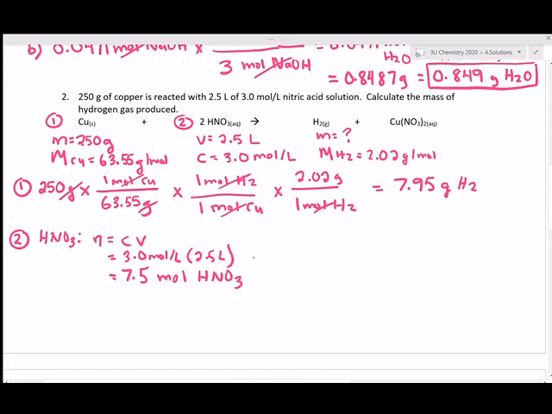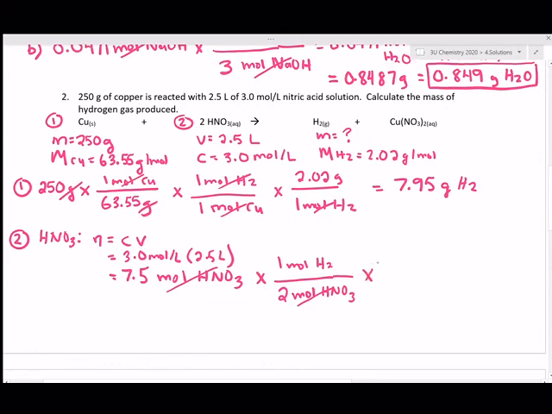Okay, so then again, now we have our moles of acid. Let's figure out how many moles of hydrogen that could yield us. So it's 2 moles of acid on the bottom because we want to cancel that. And that is going to give us 1 mole of hydrogen. Oops, not H2O, hydrogen. There we go. Okay, so our answer would be in moles of hydrogen at this point.